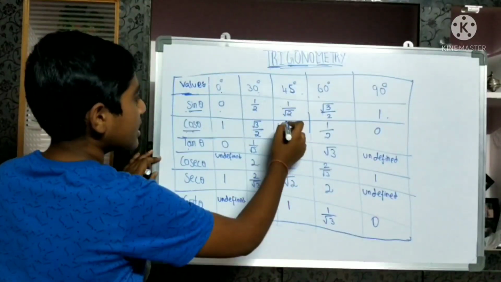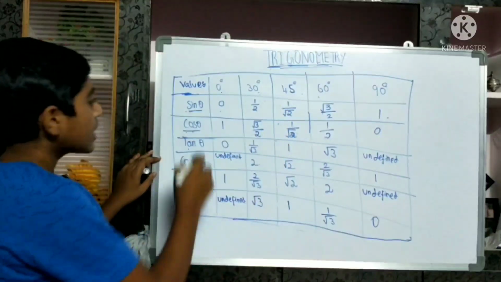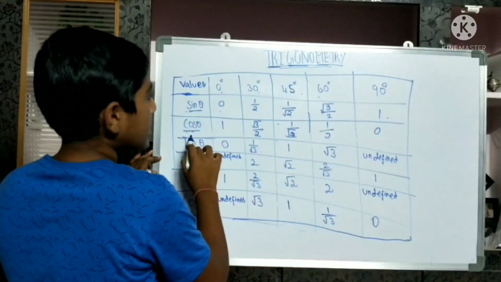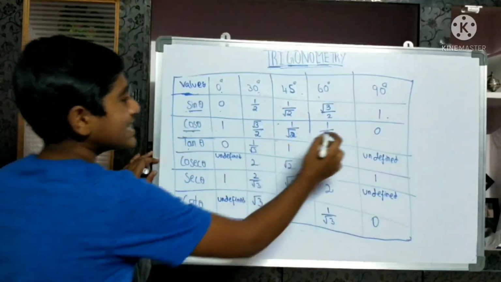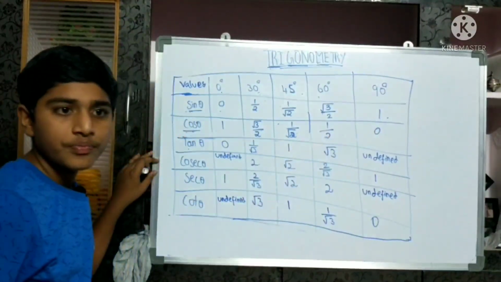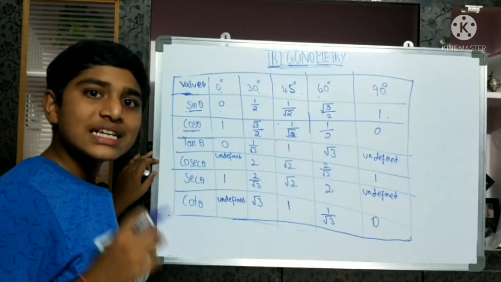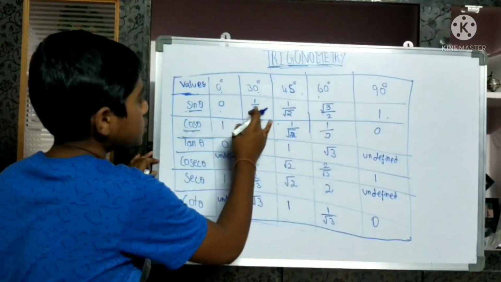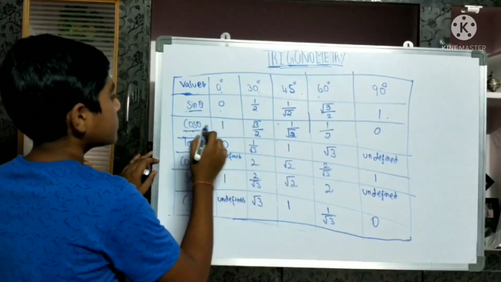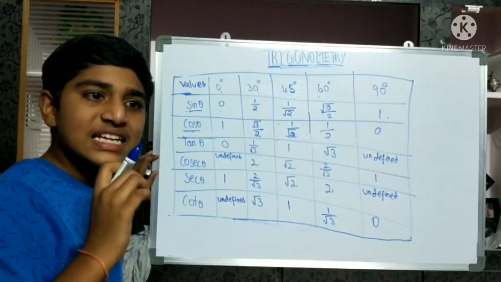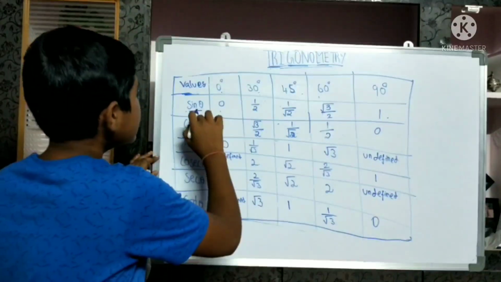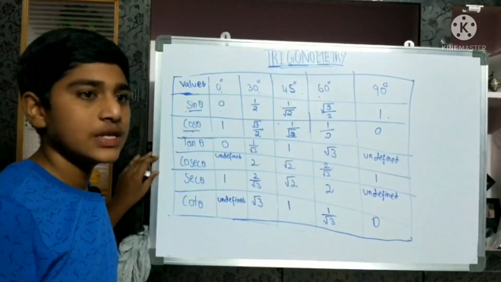And next, cos 60 degrees is equal to 1 by 2 because we know the value of sin 30 degrees is 1 by 2. And cos 90 degrees is 0 because sin 0 degrees is 0.